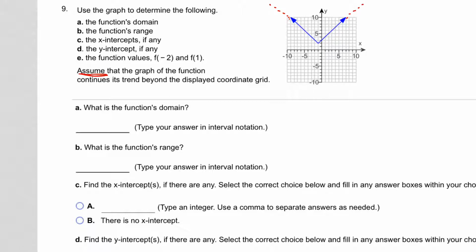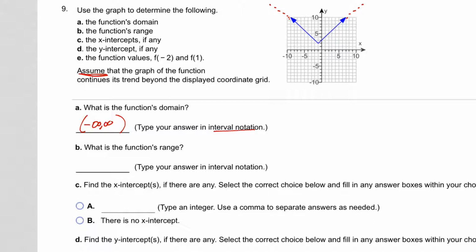So the domain, there is no limitation for the domain. It goes forever to the left and forever to the right. And this is interval notation, okay? You cannot put all real numbers. What is the function's range?